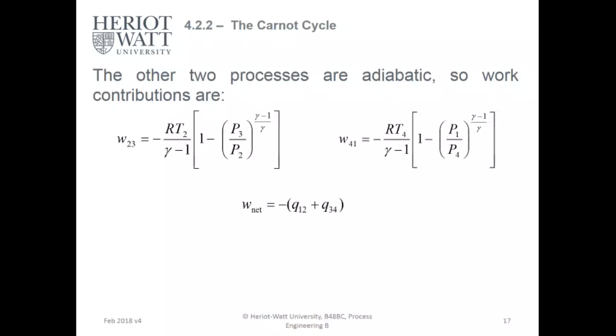So your net energy equals negative Q12 plus Q34. This is the total change in energy. And in ideal systems, they cancel each other out because it's 100% efficient.